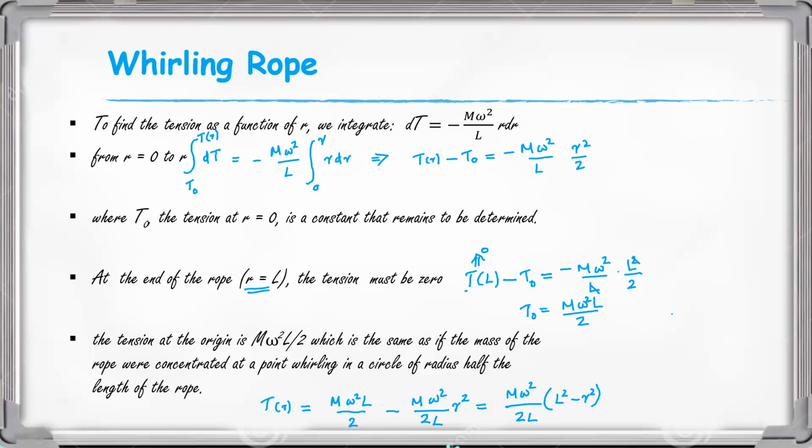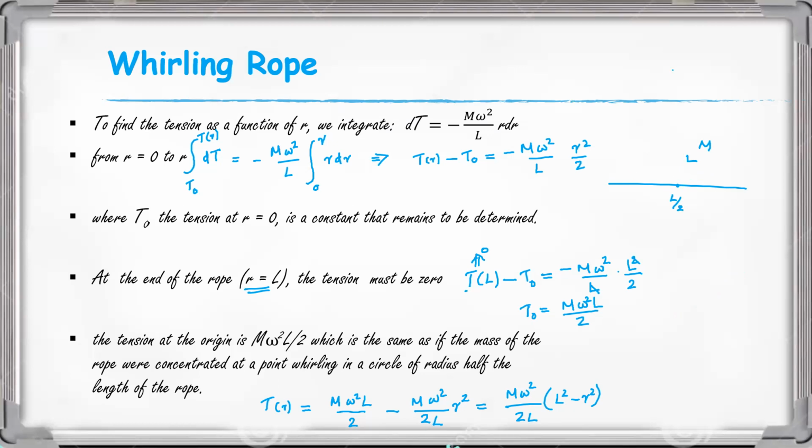So for a rod of length L, it has a mass of m, and it must be concentrated at the point L by 2.